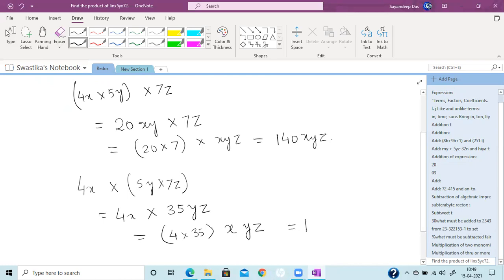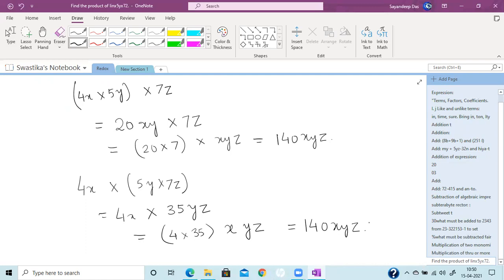So you will find this is also 140xyz. Once again, you can prove that you can multiply in any way, first two terms then the third term, or the second and third term and then multiply with the first term, and you will get the same answer.